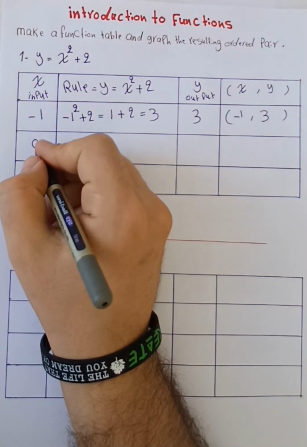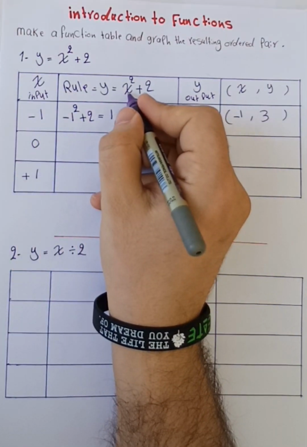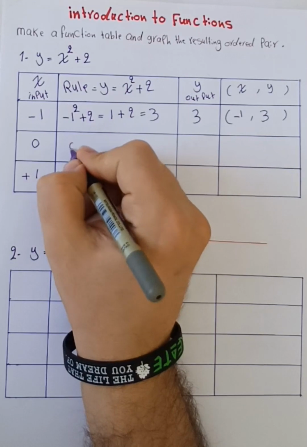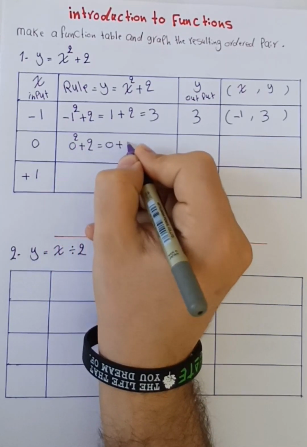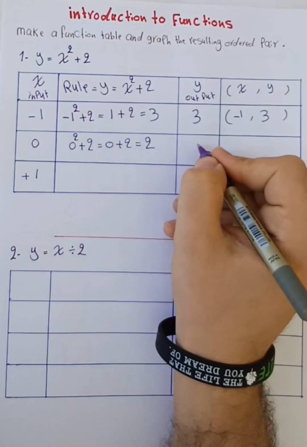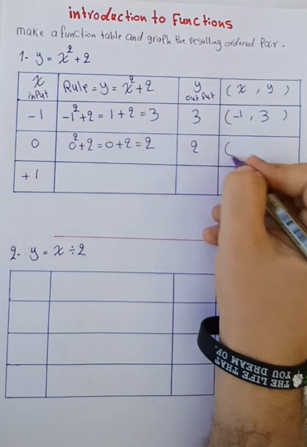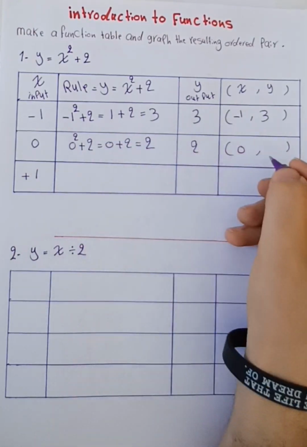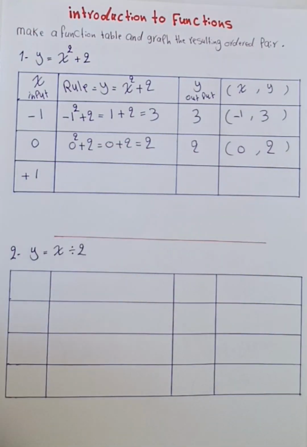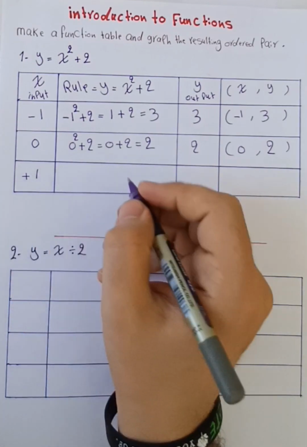After that you have 0. So the rule is x squared plus 2. 0 squared plus 2 equal to 0 plus 2 equal to 2. So we have 2, and the ordered pair x is 0 and y is 2. After that, the last point you have +1.